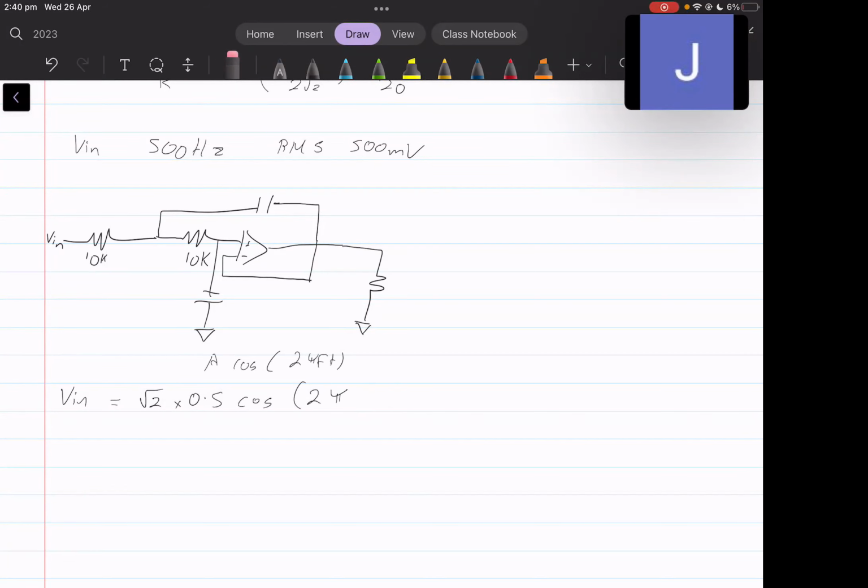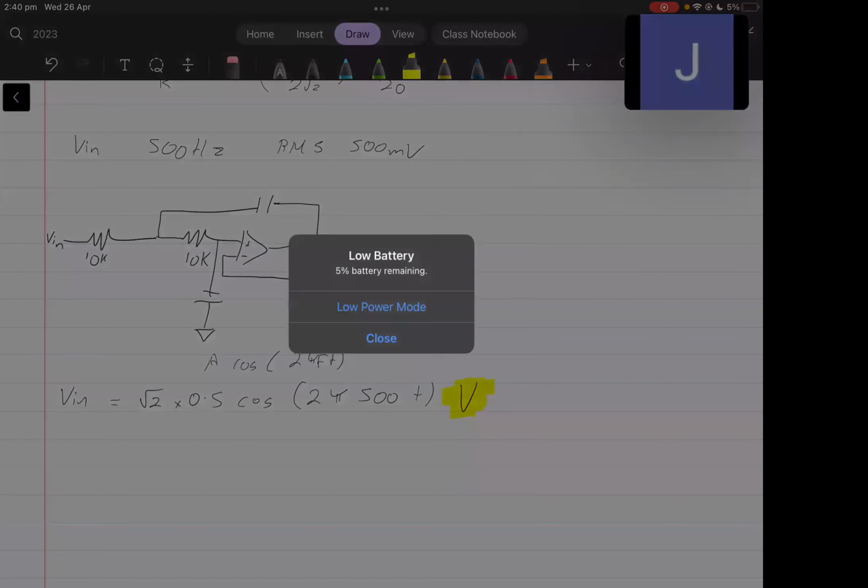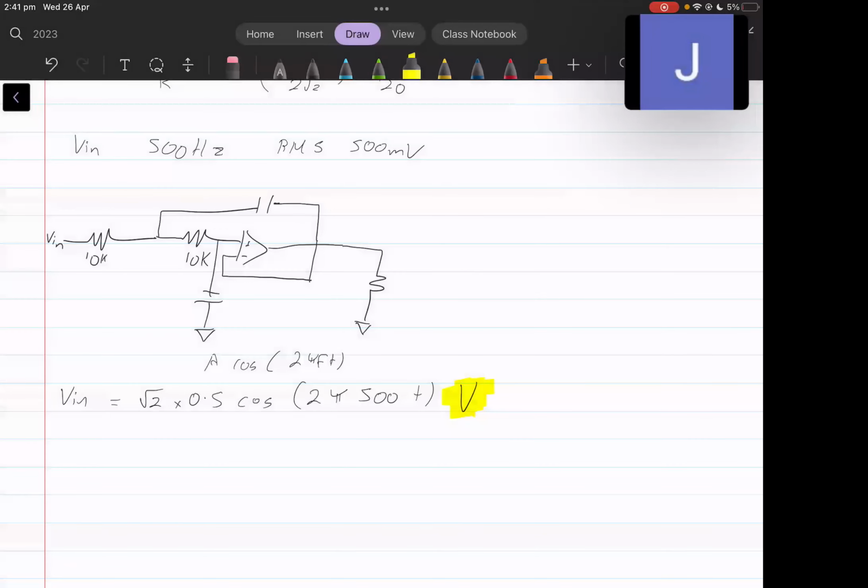So in this case, we know that it's 500 and t. And important thing, volts. We have to remember to keep the units, because that is an easy way to lose marks. Everything really has a unit, so you want to keep those.